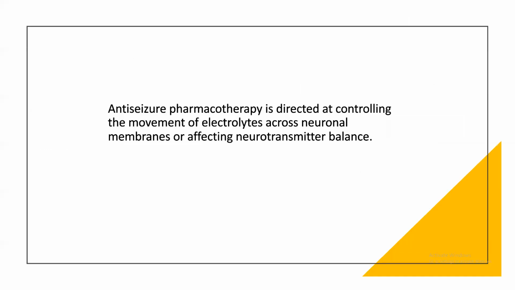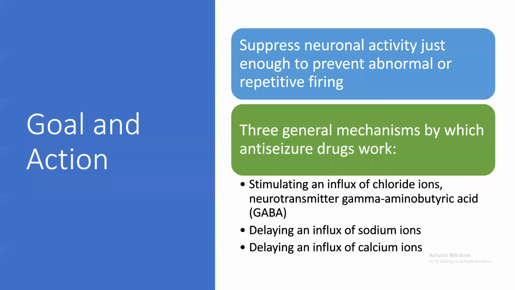Now, anti-seizure pharmacotherapy is directed at controlling the movement of electrolytes across the neuronal membranes or affecting the neurotransmitter balance as well. What is the goal and action of the pharmacotherapy that we give to the patient? It suppresses the neuronal activity just enough to prevent the abnormal or repetitive firing.